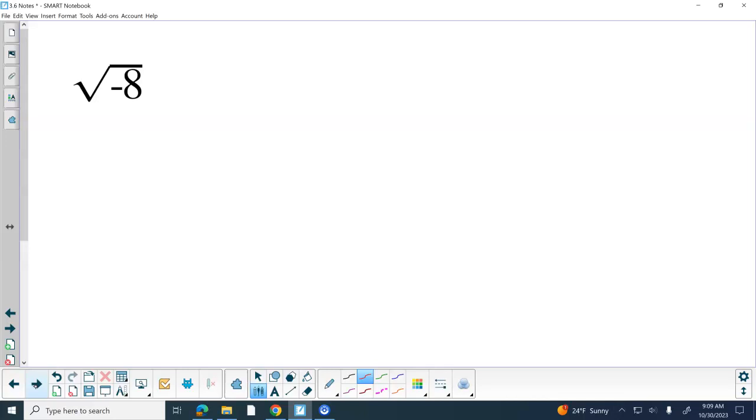Now we're saying, okay, well, the square root of -8 is really the square root of -1 times the square root of 8. Well, the square root of 8 is really the square root of 4 times the square root of 2.